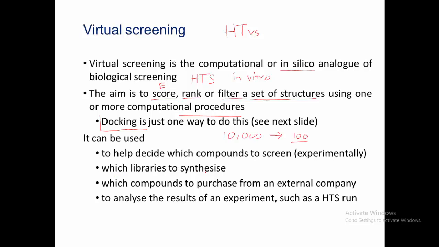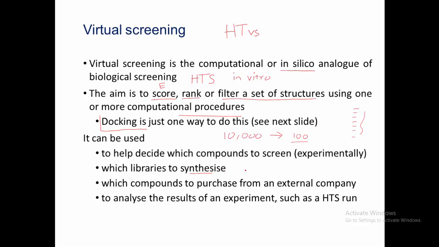So which libraries to be synthesized? When you run virtual screening, you can select the top ranked compounds in the list and test them experimentally. You can obtain them from the market, or if they are not available, you can synthesize those compounds in the laboratory.